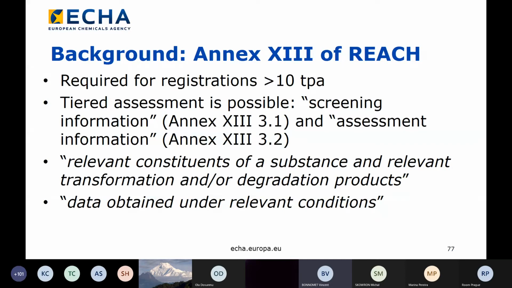Annex 13 is pretty clear on that: it's every relevant constituent of a substance or every relevant transformation or degradation product. Again, we will discuss this extensively later. And the last point I wanted to remind is that the data obtained should be obtained under relevant conditions.